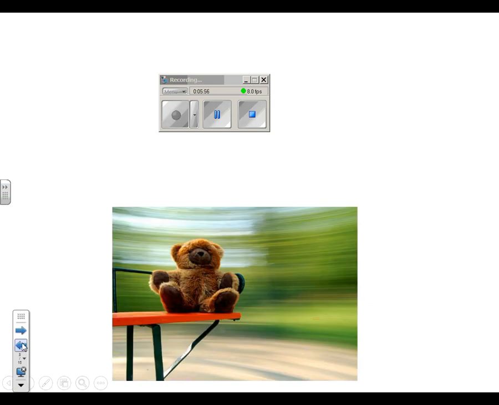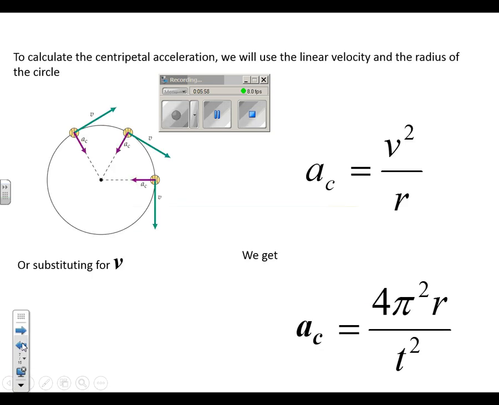So if we did that, this would end up being a capital T, and we could say (2 pi r over T) squared over r.